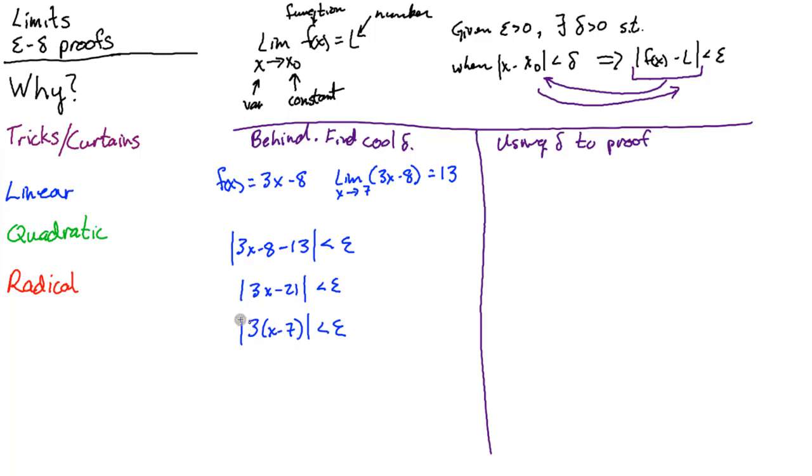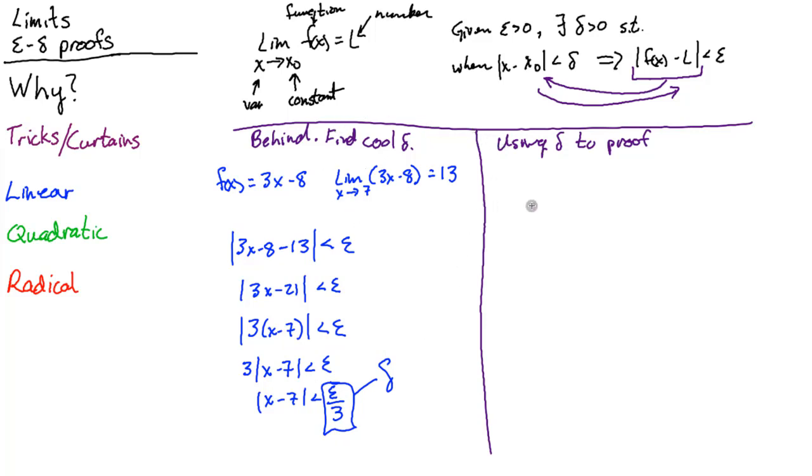This 3 is a positive number, so we actually have 3 times the absolute value of x minus 7, less than epsilon. And then we're like, oh my goodness, x minus 7 is less than epsilon over 3. If we use that as a delta, can you see how we can use it? That is like a magic number. And so this is how it'll actually look.